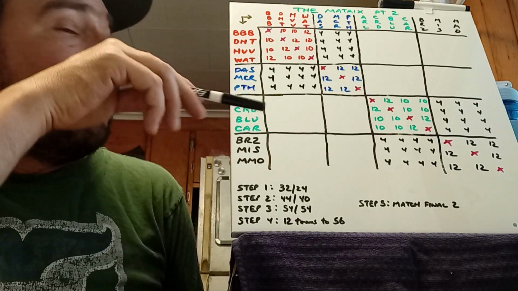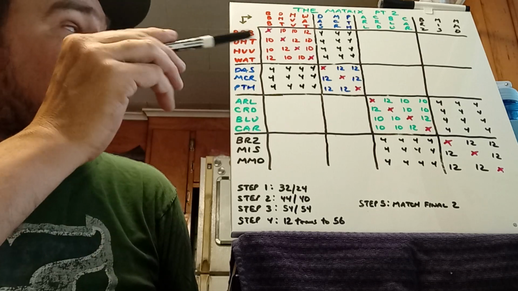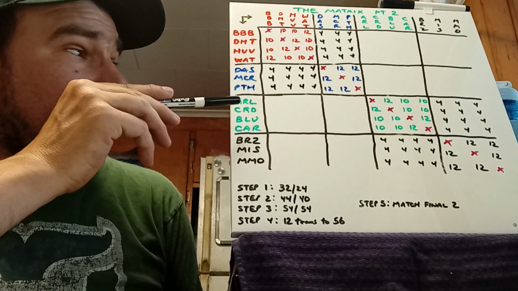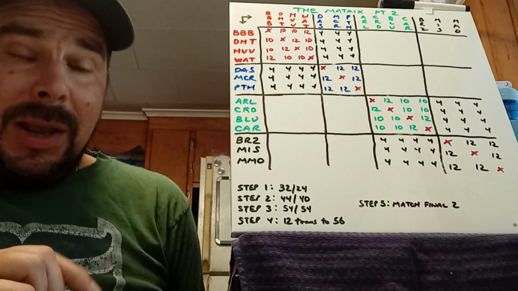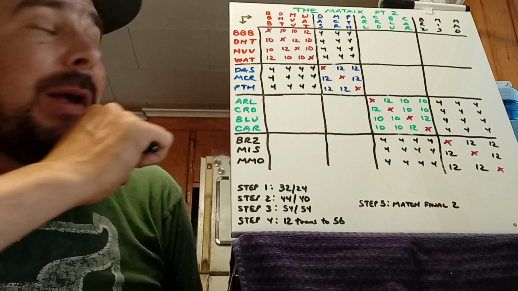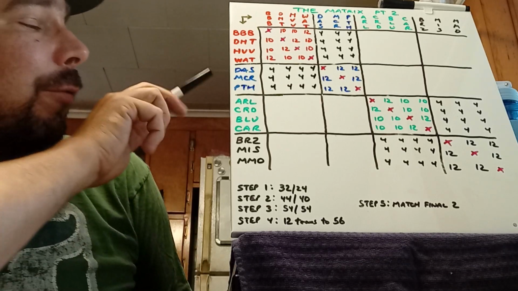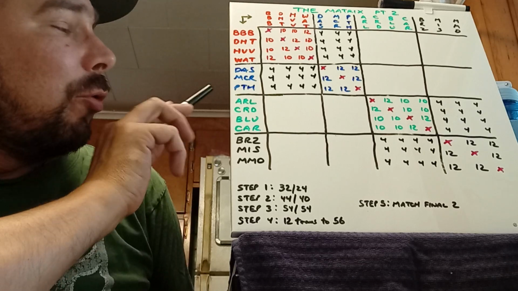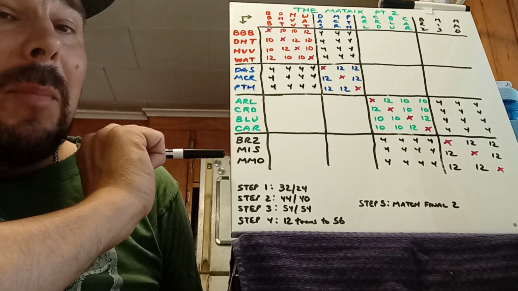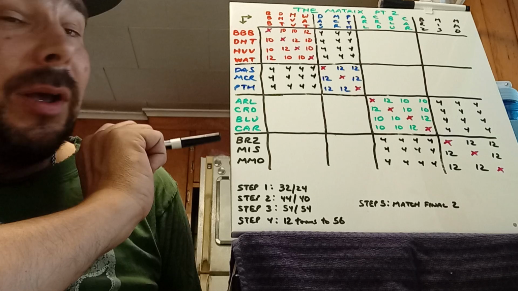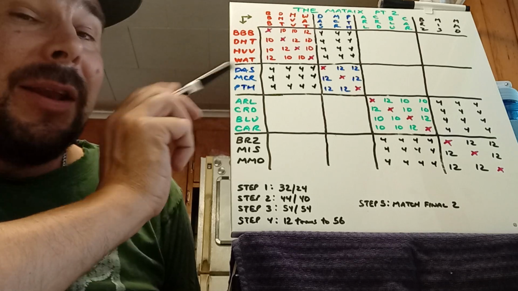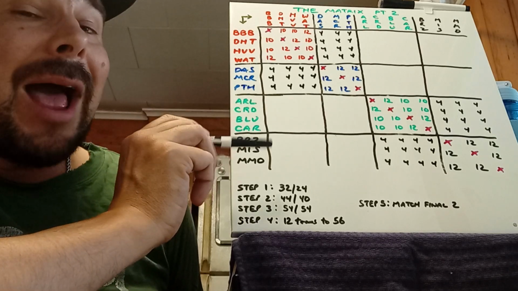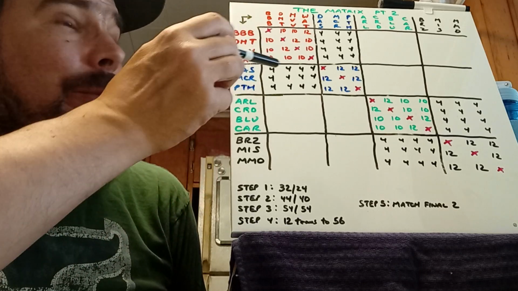So we are going to match these two pods together and these two pods together. And what we are going to do is, for these two pods, we're going to have matches of 4 games. And in addition, we'll also add another 2 games.